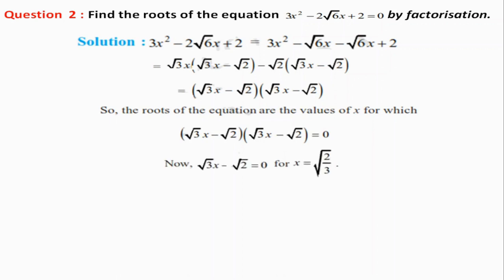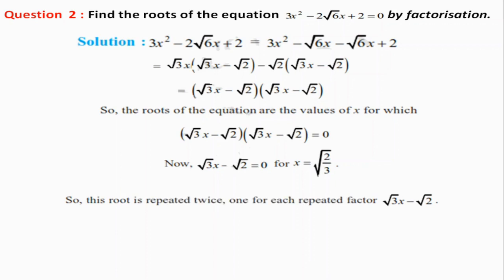So we get both values of x, that is root 2 by 3. So these are repeated roots, the same roots. This is the condition of real and equal roots, and both roots are root 2 by 3.